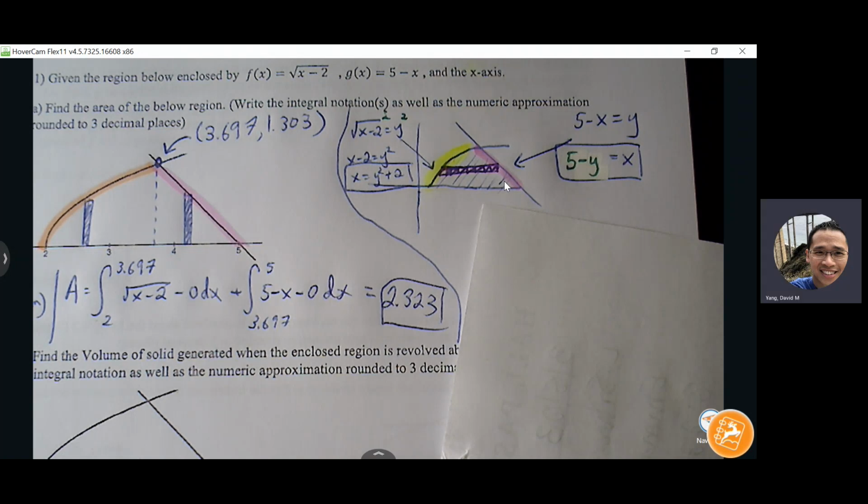Well, the problem with that square root is it's not going to go away. We already did it up here. Yeah, we have the equation already. We can use the y squared plus 2. We'll use the 5 minus y. That's our setup.